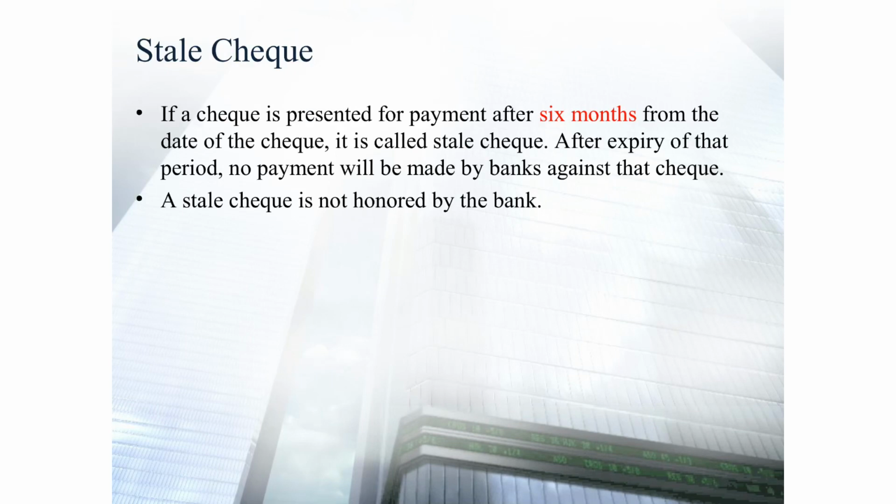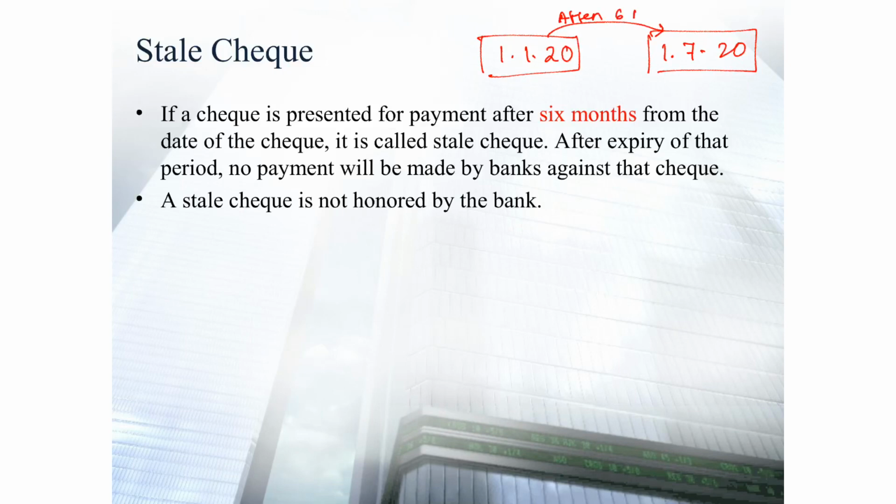Next is stale check. If a check is presented for payment after 6 months from the date of the check, for example, the date is 1/1/2020, after 6 months means 1/7/2020. Okay.